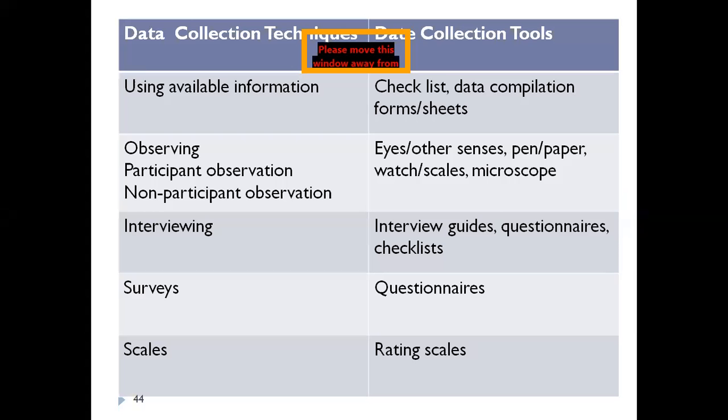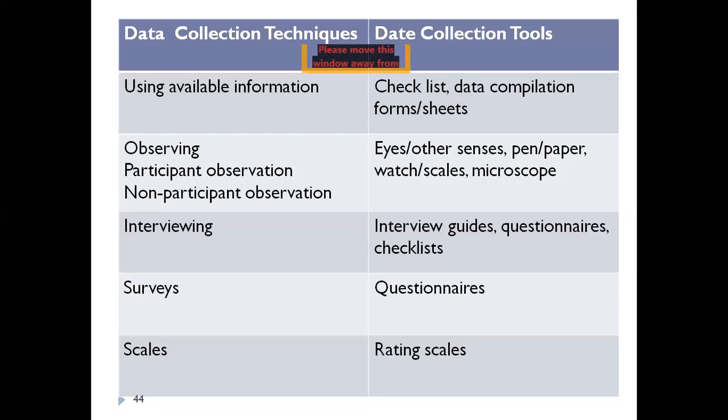To summarize, data collection techniques and data collection tools. So when we collect data using available information, the tools involved are checklists, data compilation forms or sheets. Observation could be with the researcher being a participant or a non-participant.